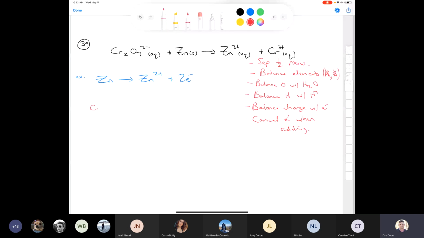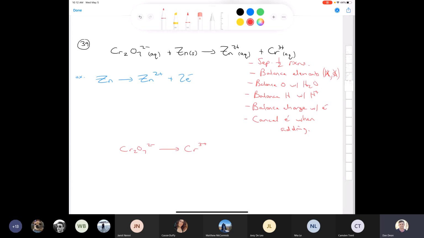Now we're going to balance the reduction half reaction. We've got the dichromate ion. I'm going to need more room. Let's do it down here. We've got the dichromate ion, Cr2O7 2-, producing Cr3+. So in the first step, we're going to balance the elements that aren't oxygen or hydrogen.